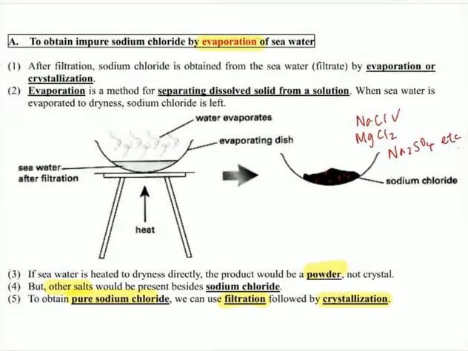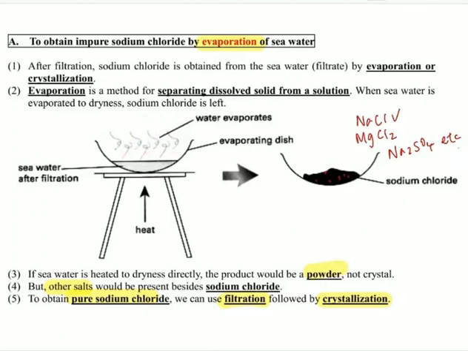So evaporation, I think you all know about evaporation, but let me repeat a little bit here. For evaporation, you just need to use the evaporating dish here, and then use the Bunsen burner to heat. When the water boils, the seawater's water becomes steam and escapes.